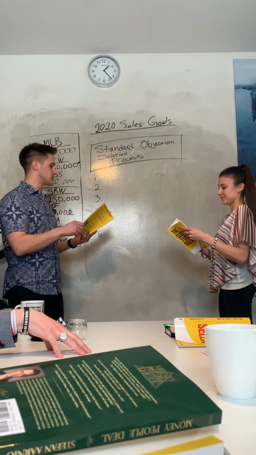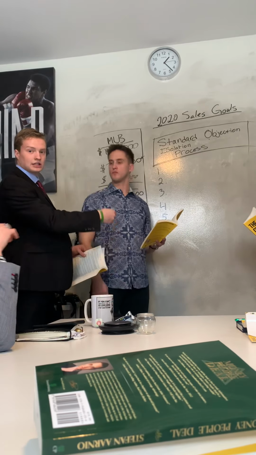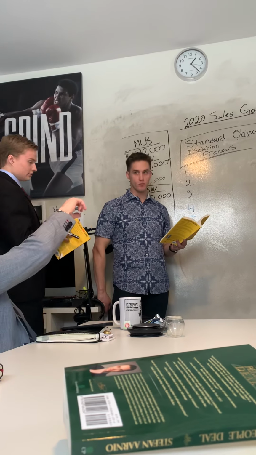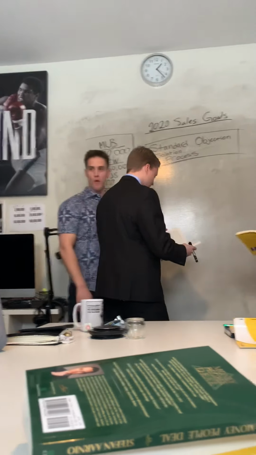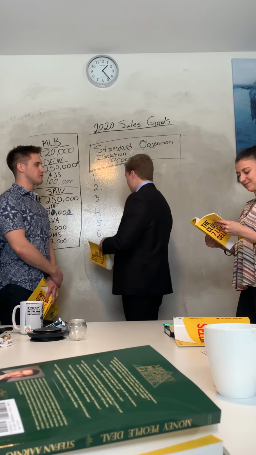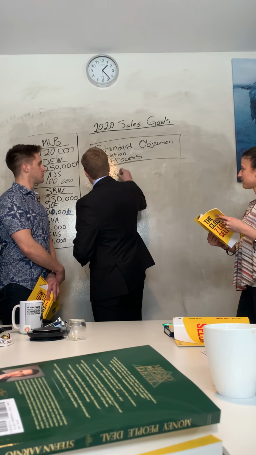But let me ask you this. Okay, see, Mitch acknowledged the objection, he agreed, and then... Maybe write the steps. Yeah, that's a good idea. We need steps. So feed it back. That was number 1: feed it back, followed with a pause.